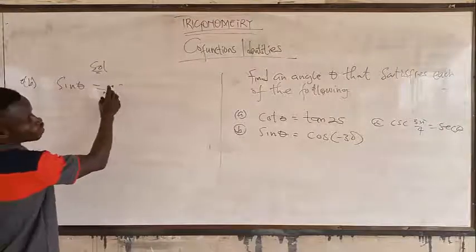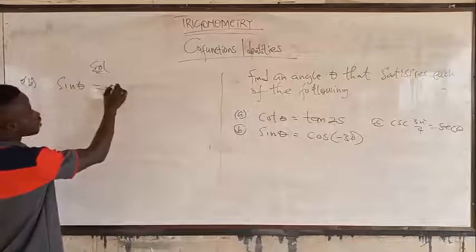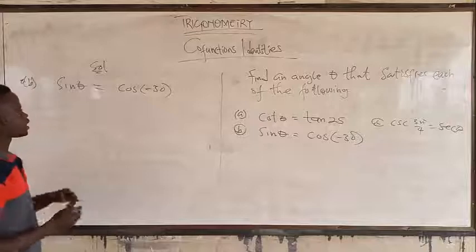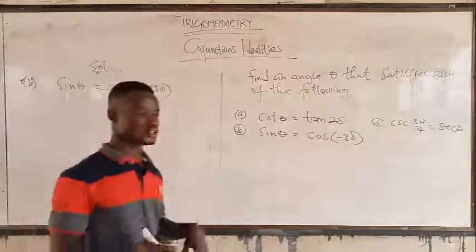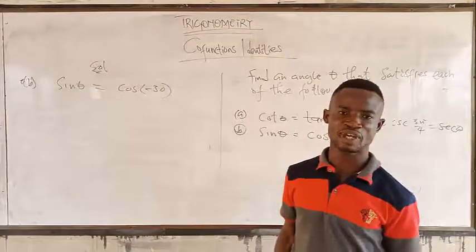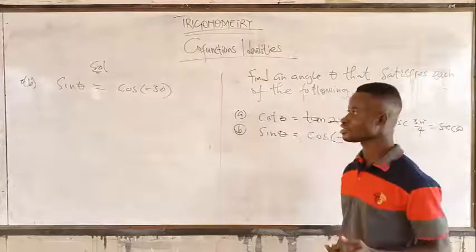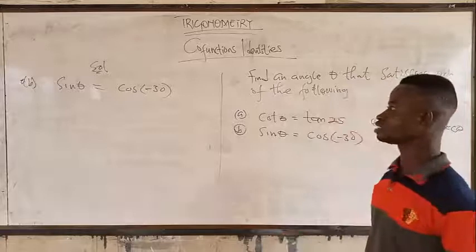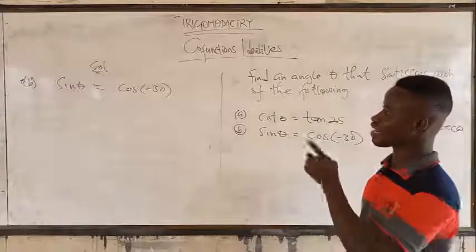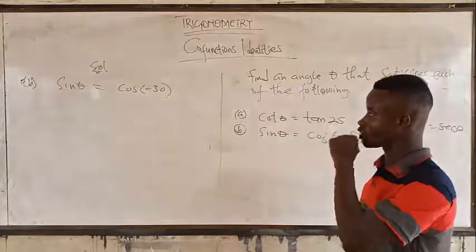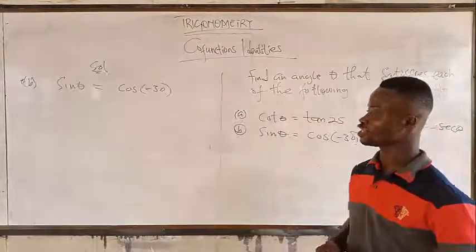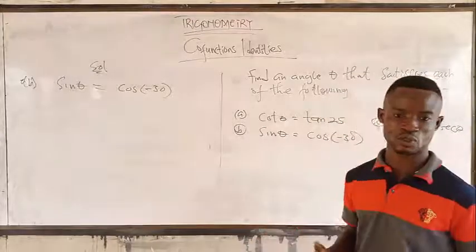Sin theta is equal to cos negative 30. Very good. So now, sine and cos, which of the cofunction identities relates sine and cos? I think it's the first one, right?